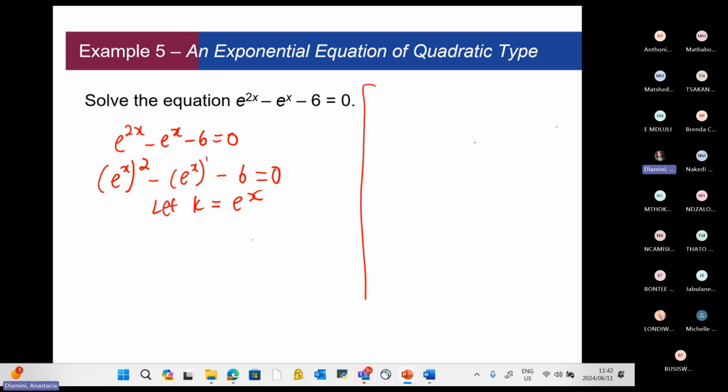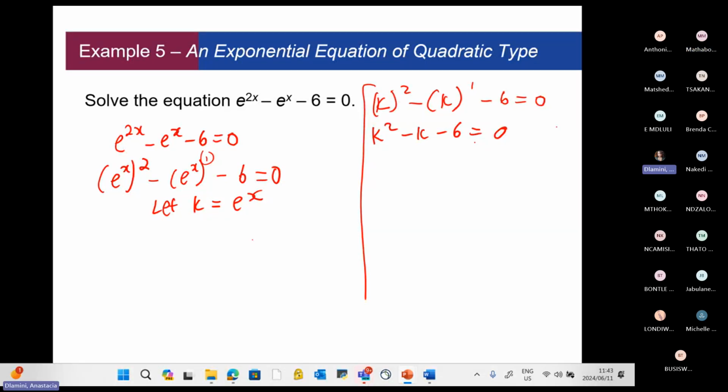Okay, so now we put k here. This becomes k squared minus k, because we say to the power of 1, minus 6 equals 0. Then this k squared minus k minus 6 becomes the quadratic equation. Do you see that?